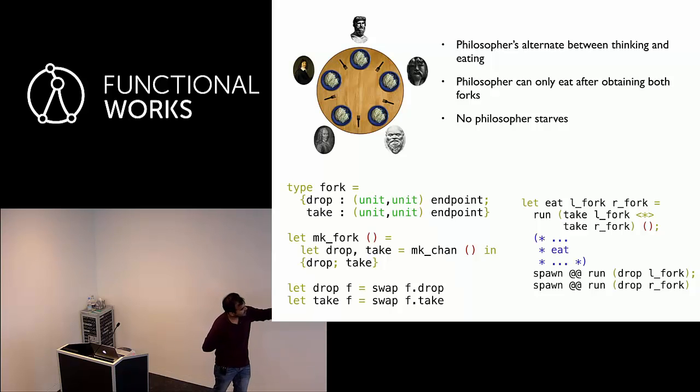Now, here's the cool part. Eat is just the code that's displayed there. I think the most important line is the first one, which says do a parallel composition between taking the left fork and the right fork.